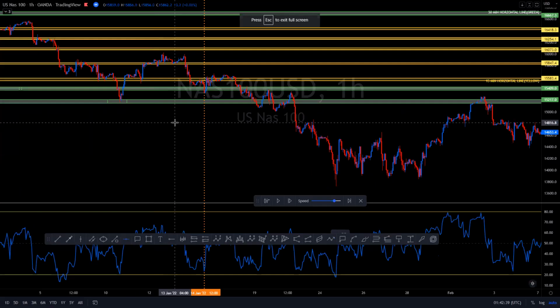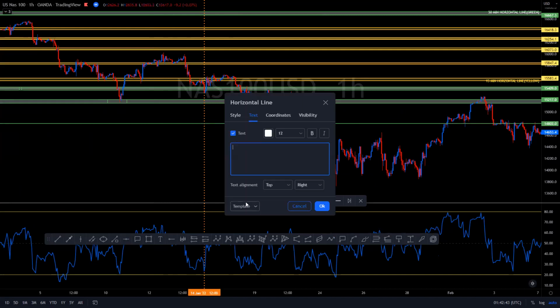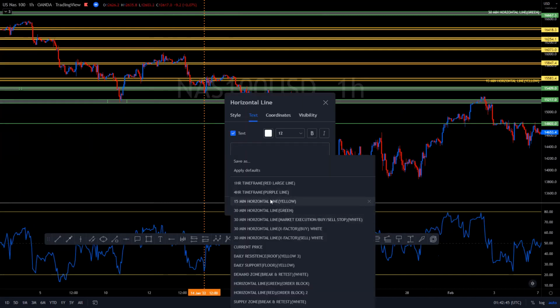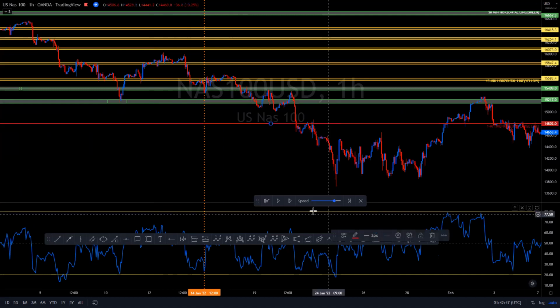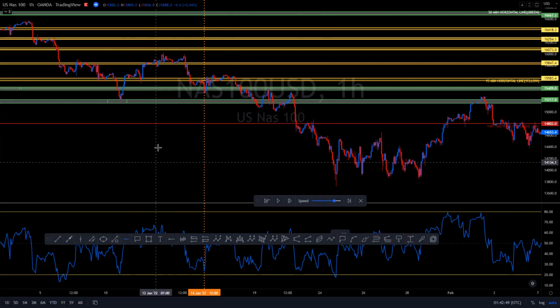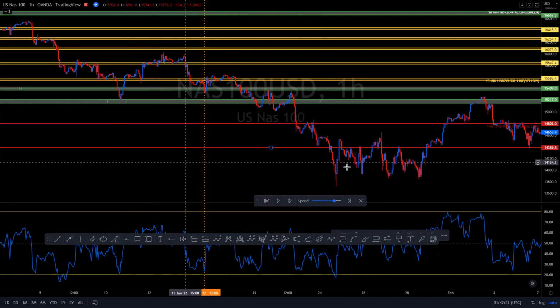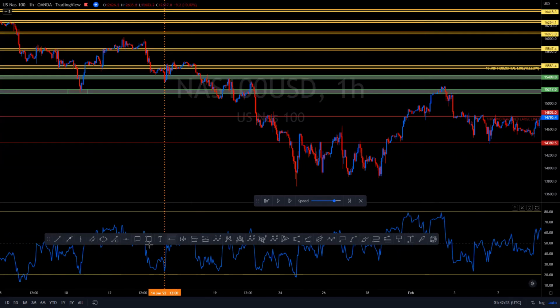Mark structure in this area. This is a good area. We're going to make this red. Just marking up key areas where price was really interacting with these zones.